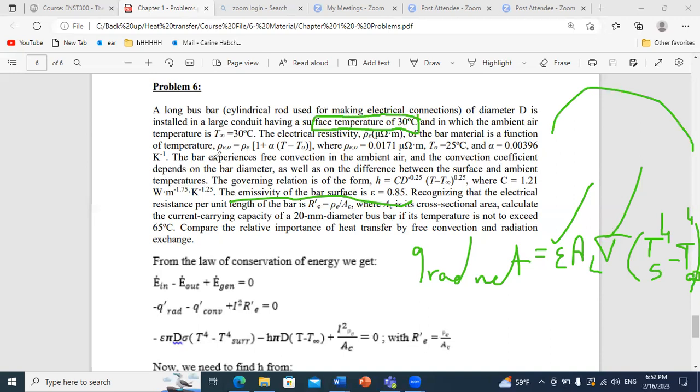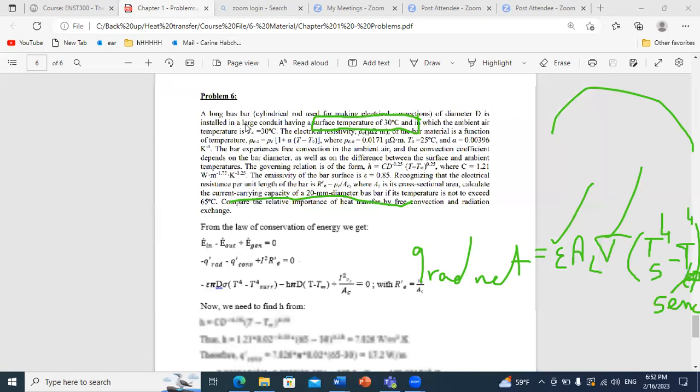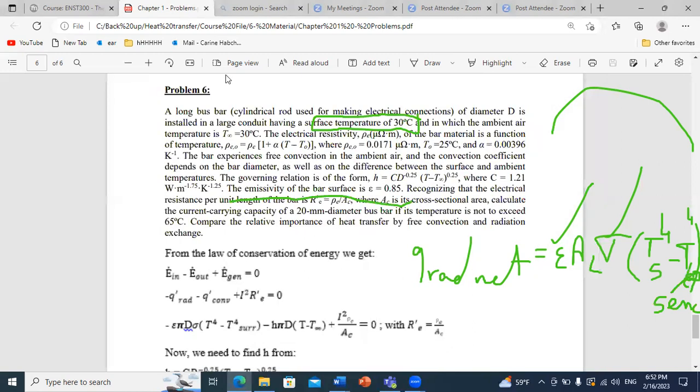If you want to avoid confusion, you can put T surface of the enclosure, which is the conduit surface. So we can call it T conduit, which is also 30 degrees. So TC is the temperature we'll use here, which is 30, but don't forget to use it in Kelvin. So 30 plus 273.15.